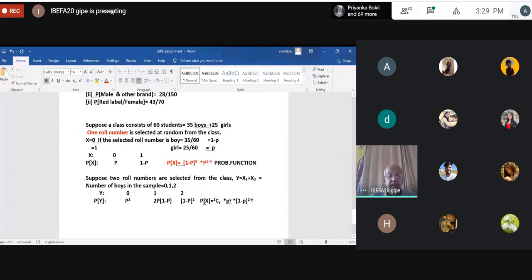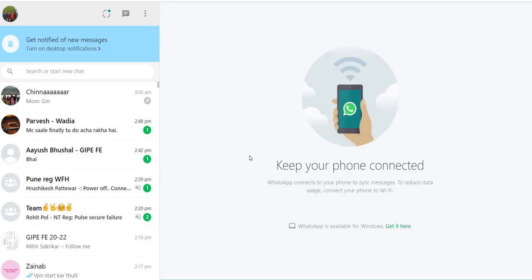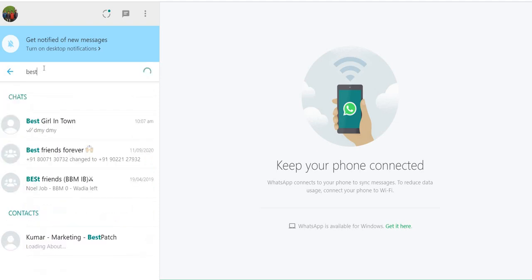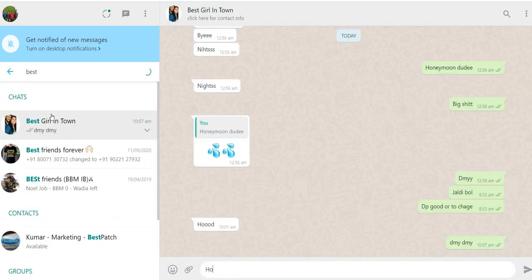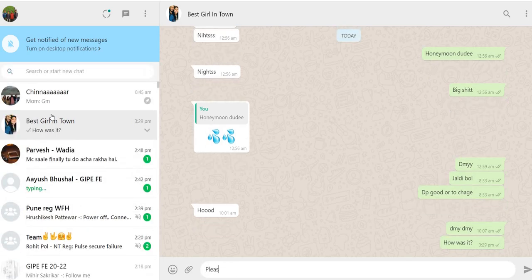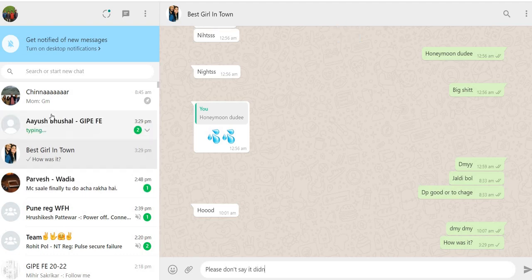This is the function. What is 2Cy? Y among two numbers are boys. P raised to y is their probability. Remaining are for the probability of girls.